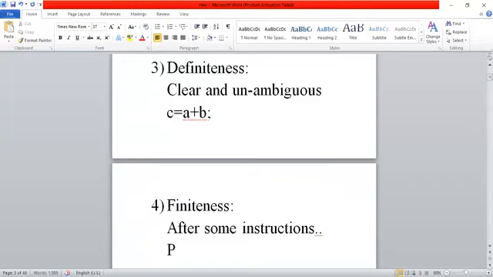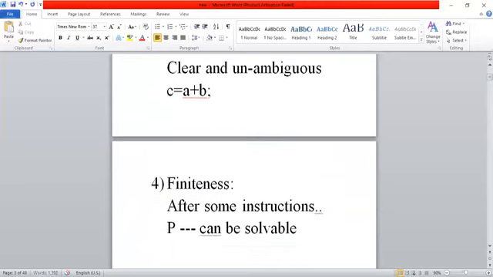Suppose you take a problem P. If problem P is solvable, solvable problems always require a finite number of steps. Solvable means we can get the result from it. So all solvable problems require a finite number of instructions. Finiteness of an algorithm means the algorithm must be terminated after some instructions.